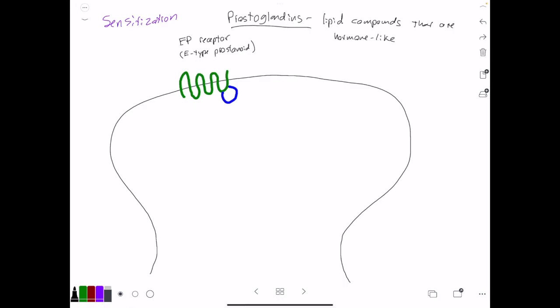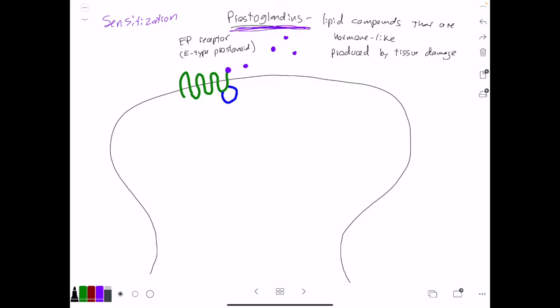And so when a prostaglandin binds, since I wrote sensitization in purple, prostaglandins will be purple here. In this context, they're produced in great abundance with tissue damage, which is something that we would subjectively describe as painful, something that hurts.